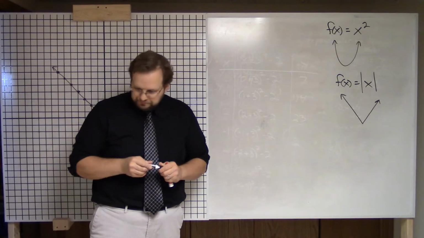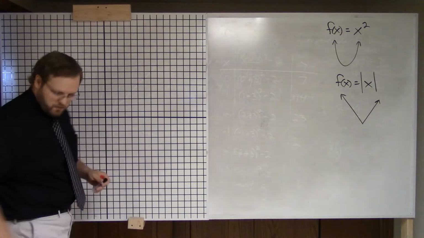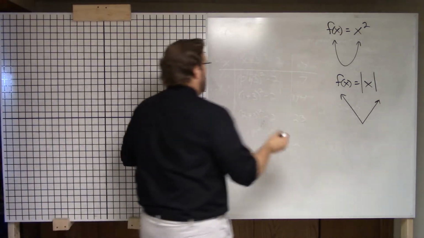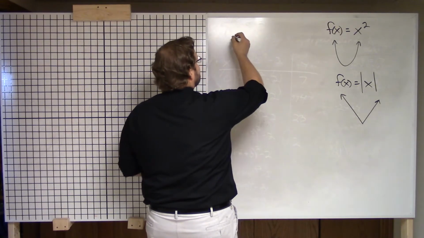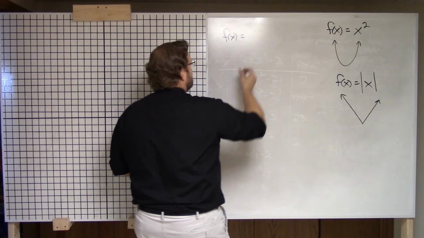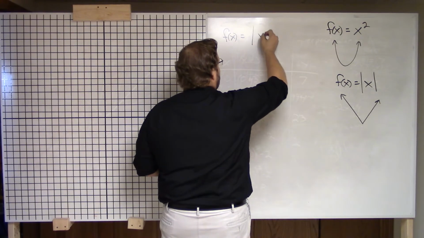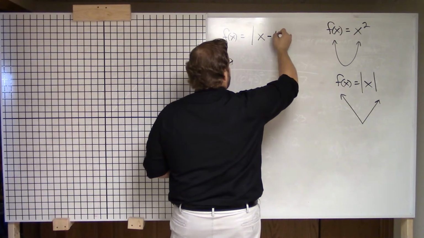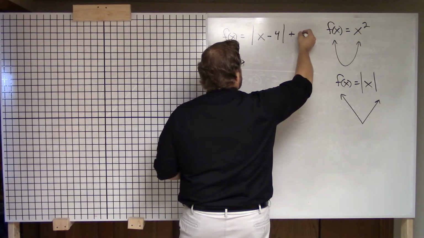Okay? So, let's look at a more general example. Let's say we have f of x equals, let's say, absolute value of x minus 4 plus 2.